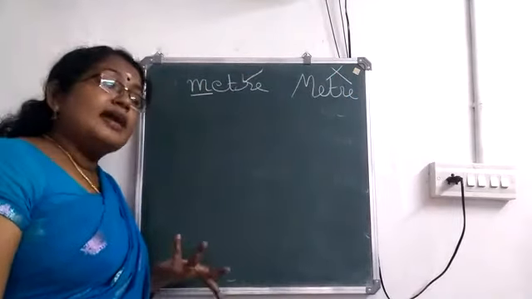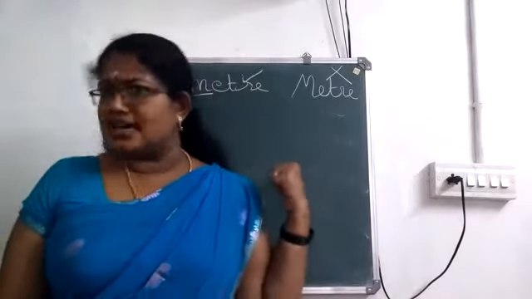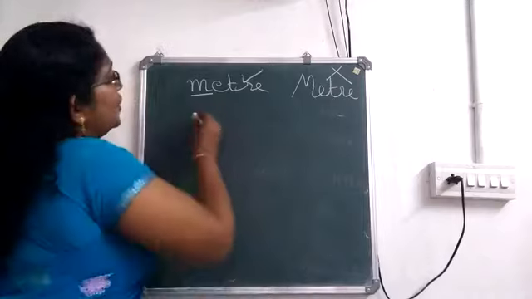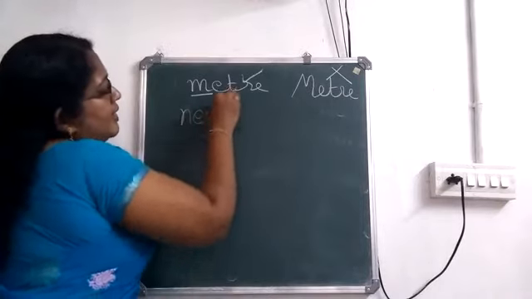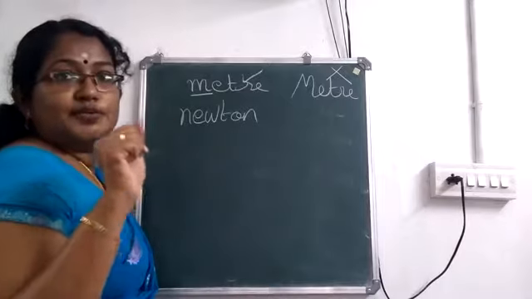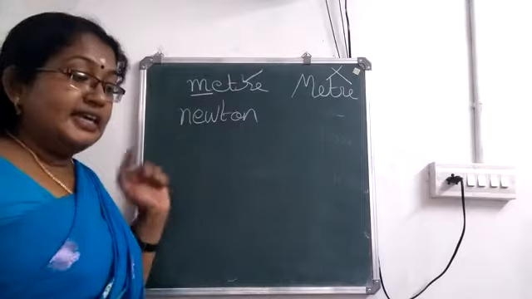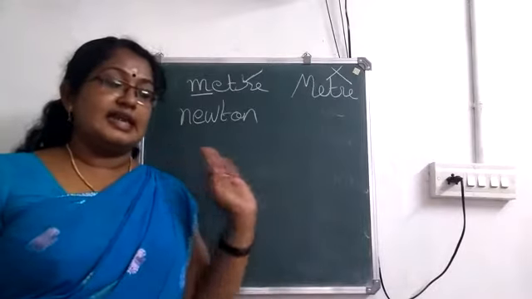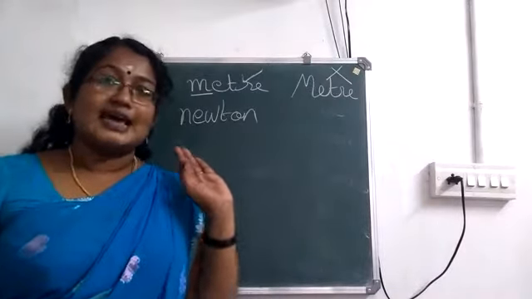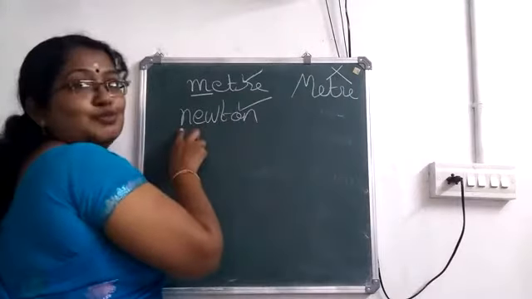It can also be the name of a scientist. We have many units named after scientists, isn't it? For example, newton. It's the name of a scientist. Normally, if you are writing the name of a person, you will start it with a capital letter. But if you are writing the name of a scientist as the unit, then also it should start with a small letter.